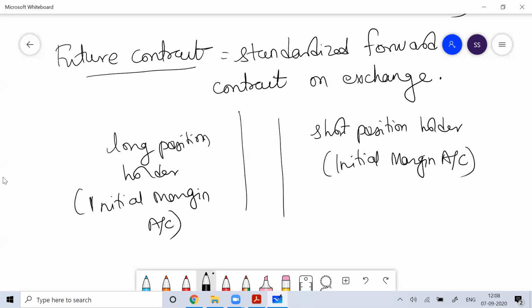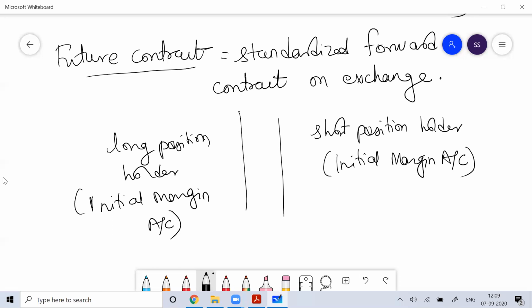The initial margin account that both the long and short position holders maintain with the exchange does not keep this money idle. Instead, the exchange plays the game of mark to market settlement.